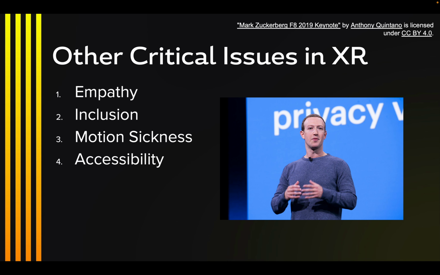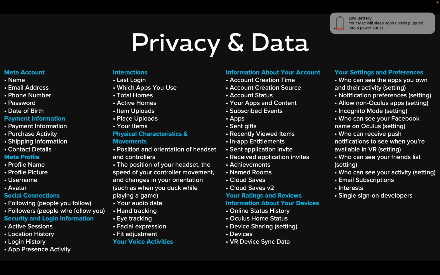So there are other critical issues, too, that we have to think about as we're developing for this technology. So first, the hardware collects a wide range of user data. Actually, I'm going to go to the next slide just so you can see all the different user data that is taken by Meta. It's not clear how that data is being used, stored, or shared.